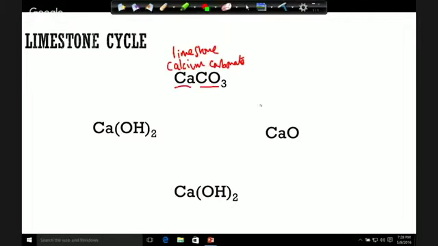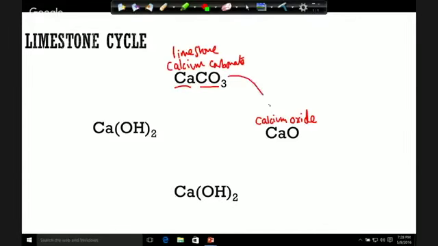Now the first reaction that we're going to do is to make calcium oxide. You should be able to name these as well. So calcium from that element, and when it's bonded with oxygen, we don't call it calcium oxygen, we call it calcium oxide. So the first thing that we're going to look at is the reaction to make this calcium oxide from calcium carbonate. And you can kind of see from looking at the formulas about what's going to happen.